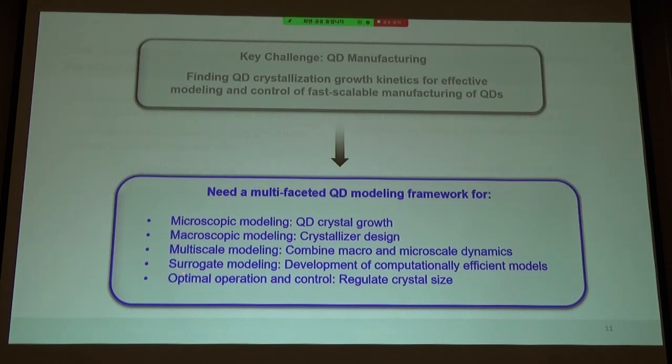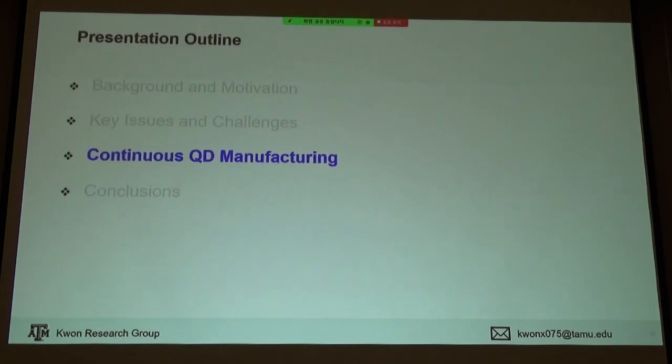And the surrogate model will be developed because the multi-scale model will be quite computationally demanding, and you cannot directly use it for finding the optimal operating conditions and so on. So this is why we have to use a surrogate model, which will be directly integrated into the optimal control framework to regulate the crystal size.